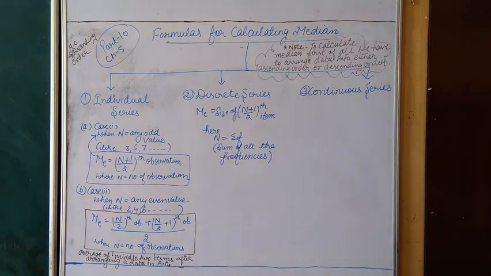Now the next one is your continuous series, and in continuous series, bache, there is a very big process, and that process we will discuss after some time, or in your next video lectures also.